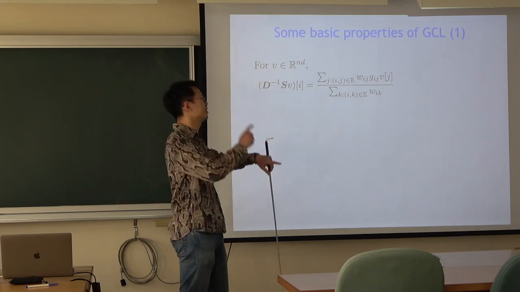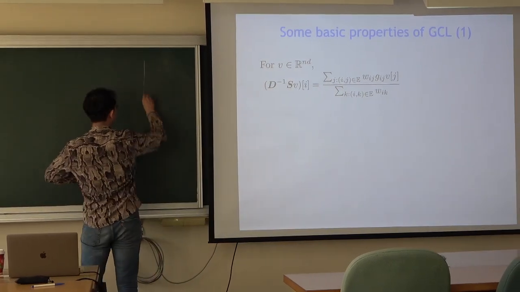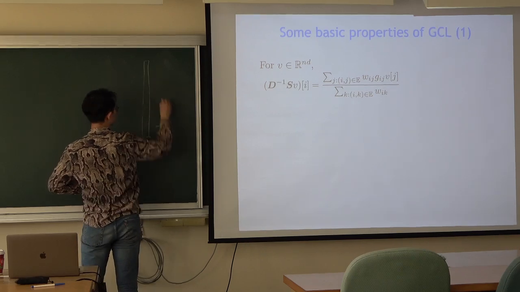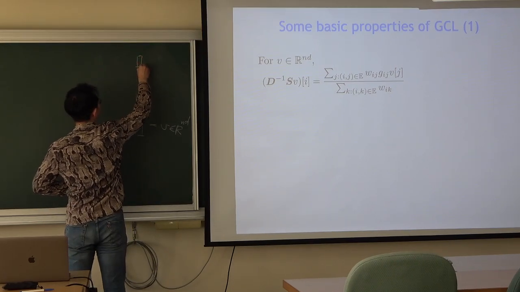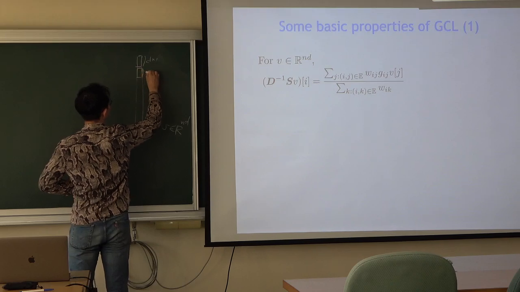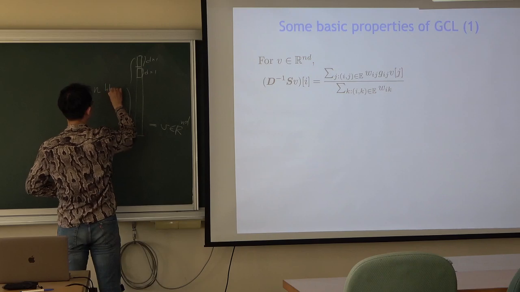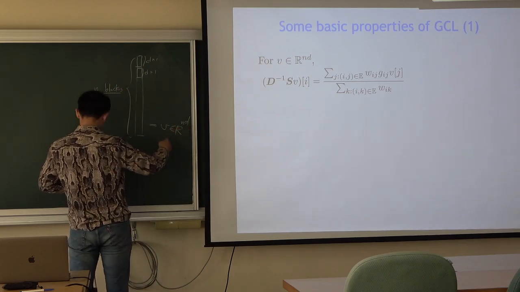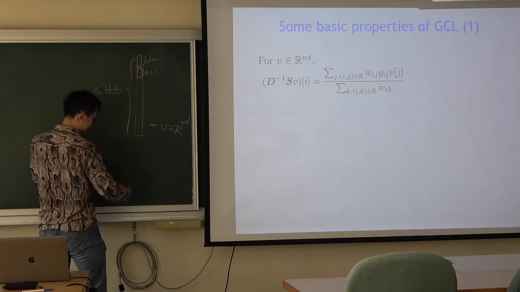If I draw a picture here, this is v. This is size nd, and you have d by 1, d by 1, and in total n blocks. Each block size is d by 1. So that is what I meant by v.